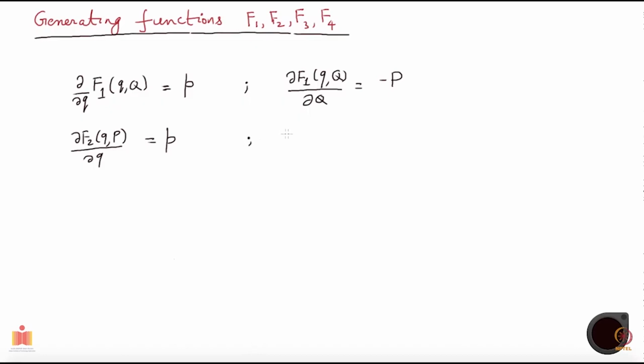Then f2, which depends on the old coordinate q and new momenta P, and if you take the derivative with the new momentum, it's Q. Note here that this q is the canonical conjugate variable to the p here.